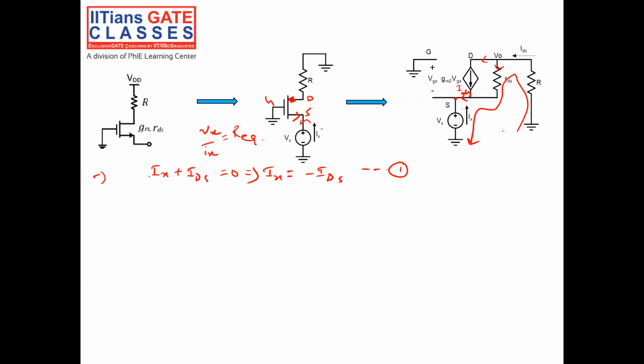What is this? 0 minus IDS into R minus, what is the current? IDS was flowing, then some current has gone through this branch. What is the current here? IDS minus gm into VGS is this current, right? Because the ID current flows here, gm VGS flows through this branch. The remaining IDS minus gm VGS flows through the resistor RDS.